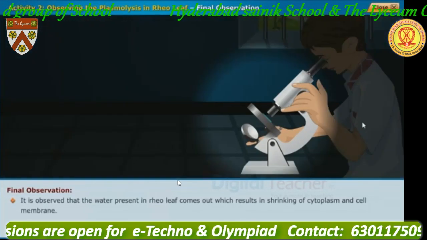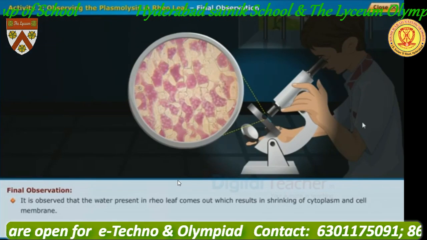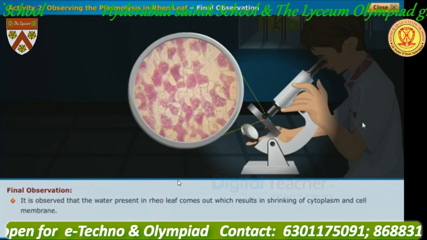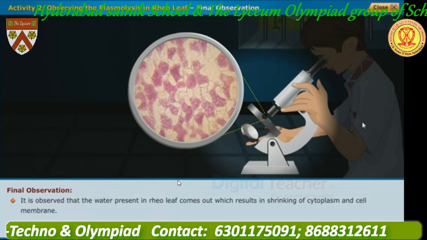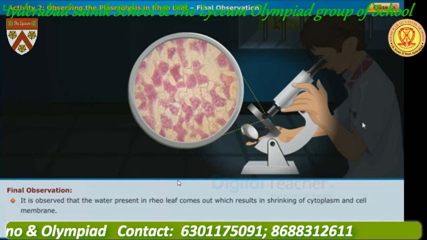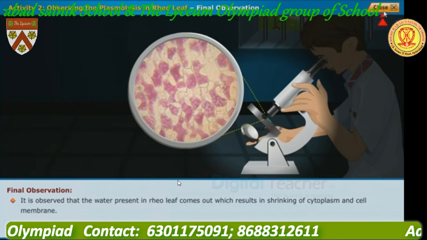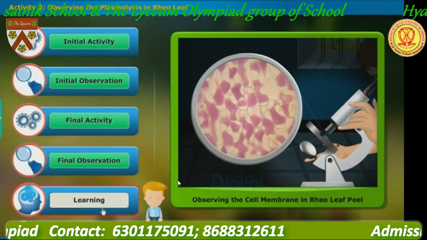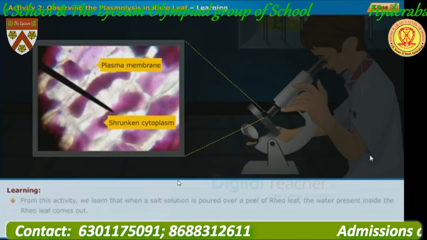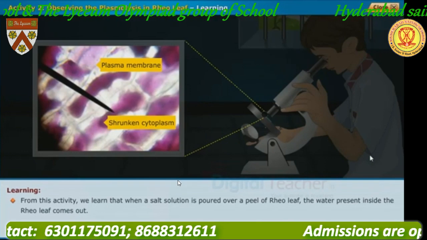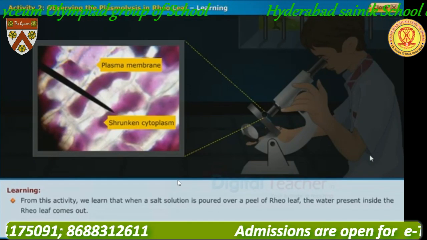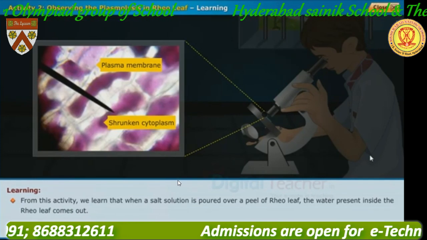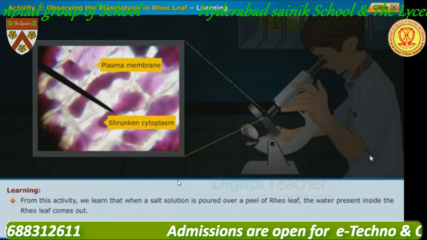It is observed that the water present in the Rhoeo leaf comes out, which results in shrinking of the cytoplasm and cell membrane. From this activity, we learned that when a salt solution is poured over a peel of Rhoeo leaf, the water present inside the leaf comes out.